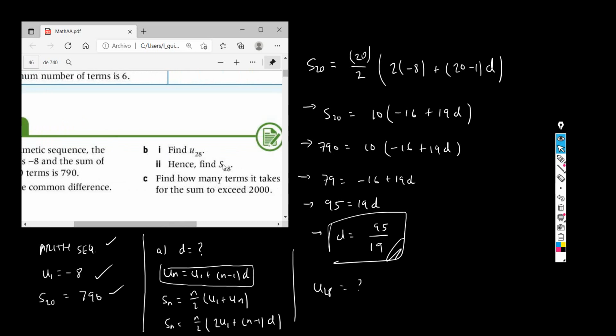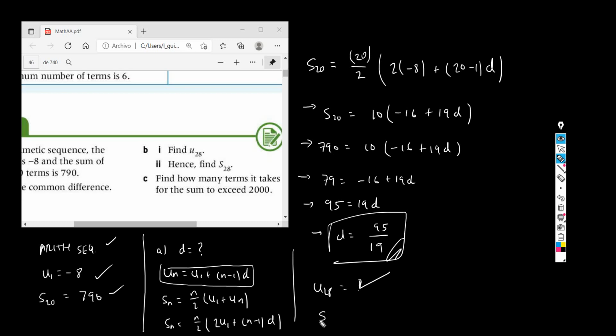Hence, find S28. Okay, so now that you have U28, I'm going to assume that you have this value, right? Then how do you find S28? Well, use this one right here.